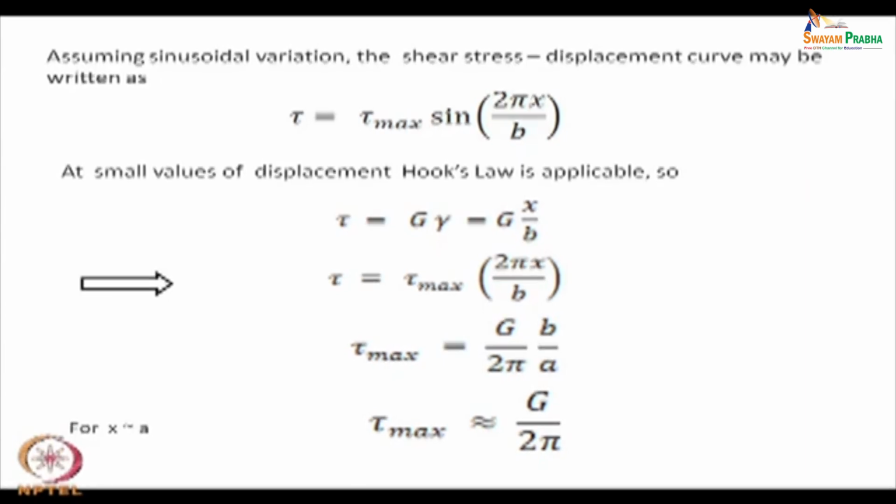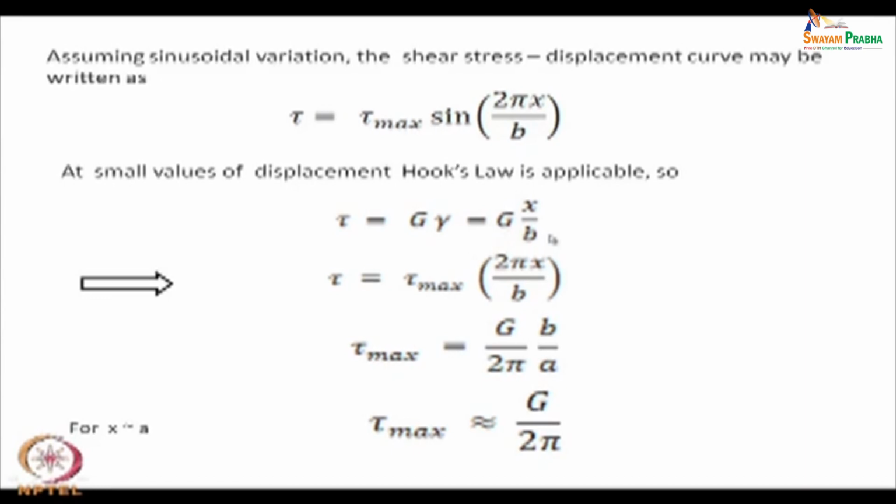For small values of displacement, because we are talking about very small values, Hooke's law can be applied, and one can write tau is equal to G, where G is the shear modulus of the material we are considering, and x by b is the strain. So, it is the shear stress into shear strain.